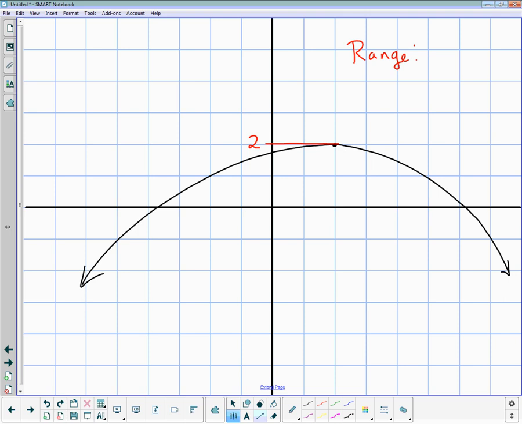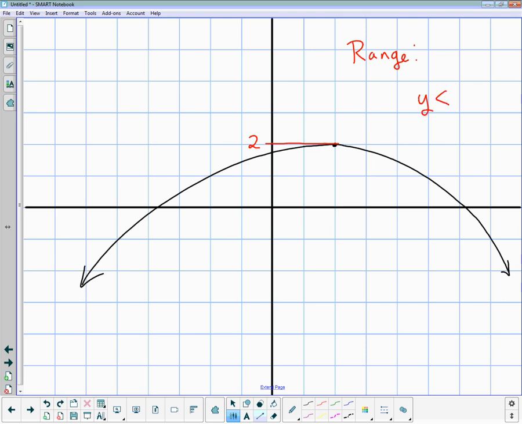Negative. Ooh, hold on. The lowest this graph ever gets is what? What do those arrowheads mean? Yeah, it keeps going on forever and forever, and that means the lowest value is going to be what? Infinity, but it's going down, so it would be a negative infinity. Okay, it goes on and on and on forever. Down negative, right? So you can write your range like this.